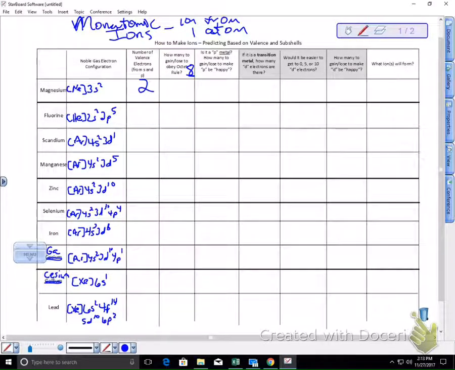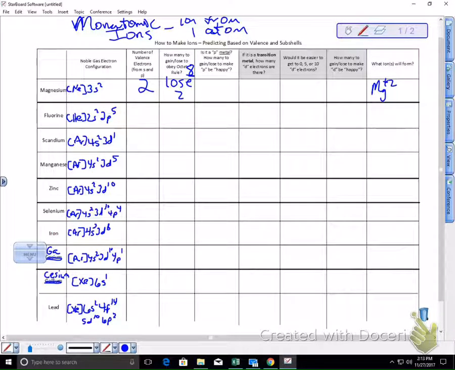So in this case, magnesium would lose 2. And if that's the case, it would be a cation, Mg+2. Remember, you're losing negative charges. That's why that's a positive ion. All right, so that's the main thing. That's the most important thing to consider: valence, and then the octet rule.